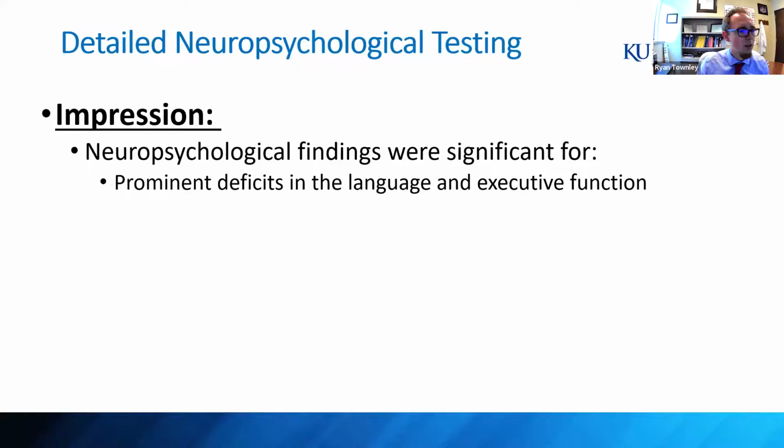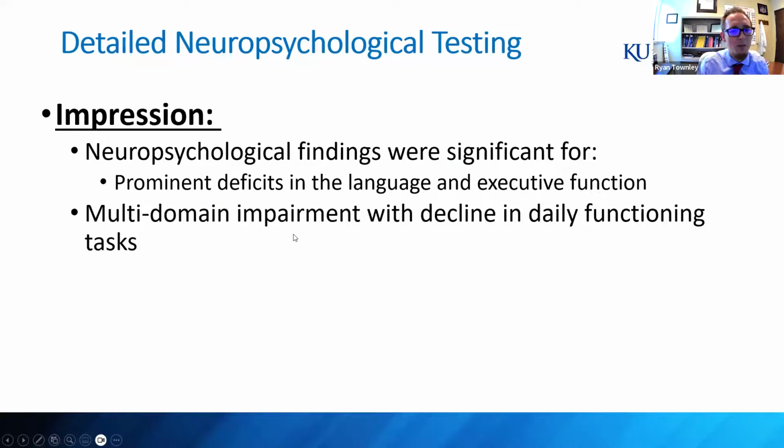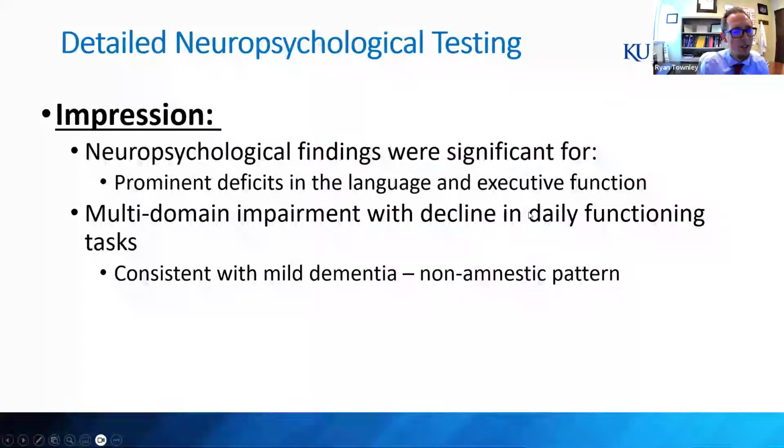So that's important too. This individual did get some detailed cognitive testing and essentially just confirmed our suspicion that the prominent deficits were in language and executive dysfunction. Because there is that multi-domain impairment and there's a decline in daily functioning tasks, this is consistent with mild dementia.